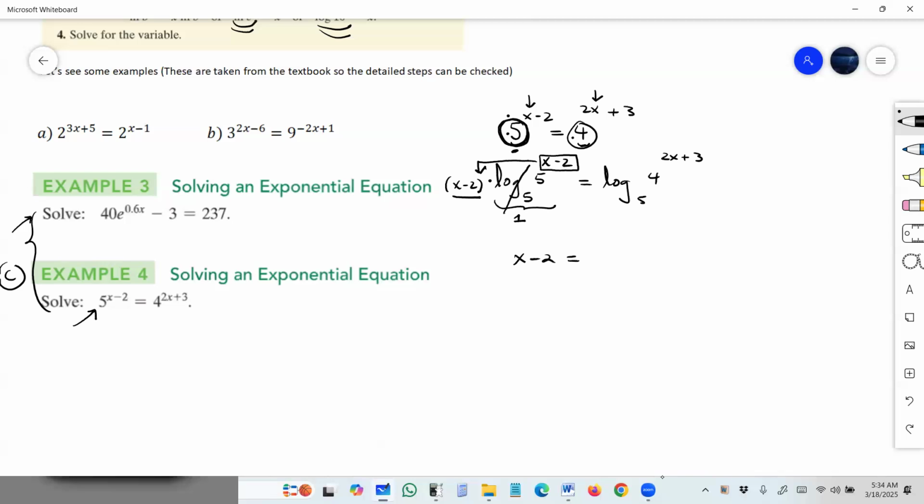On the right side, I have something similar that happens. This goes in front of the log. Okay, I just have log 4 base 5.